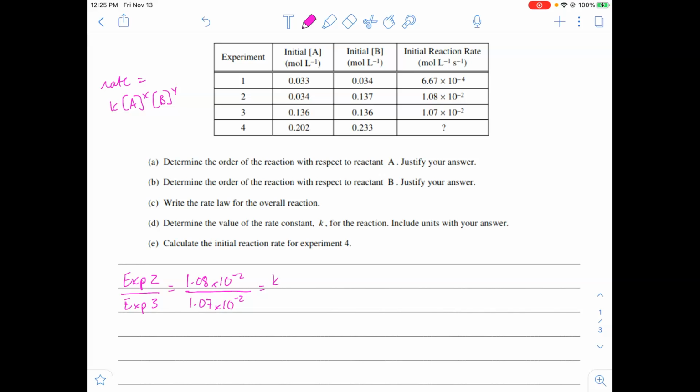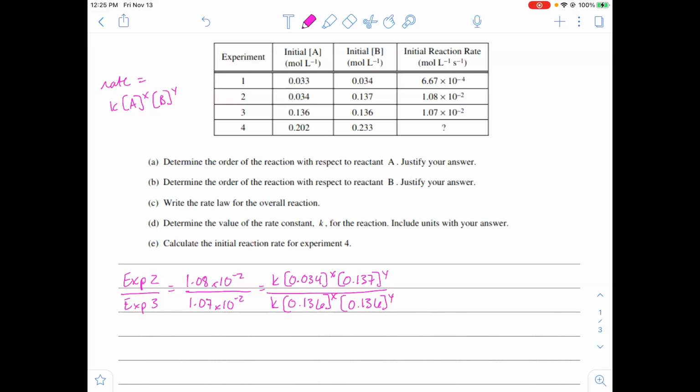And then we're going to have K. In experiment 2, our initial concentration of A is 0.034 raised to X. Our initial concentration of B is 0.137 raised to Y. In experiment 3, we have our constant. Our initial concentration of A is 0.136, and our initial concentration of B is 0.136.